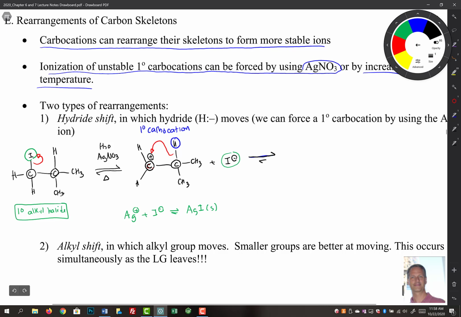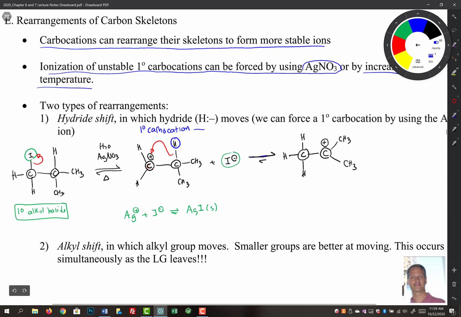We're simply going to take that H and stick it on that carbon. So we'll have 1, 2, 3 carbons on this position. And then over here, we'll be left with a CH3 and then another CH3. But look, the plus charge is going to go here.